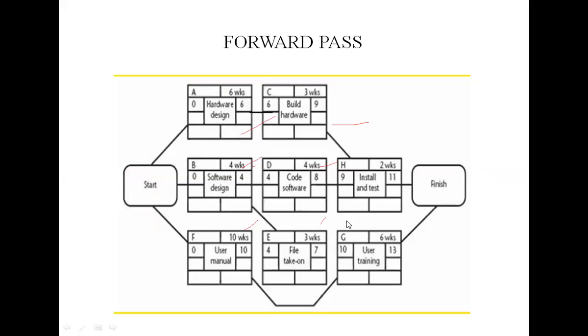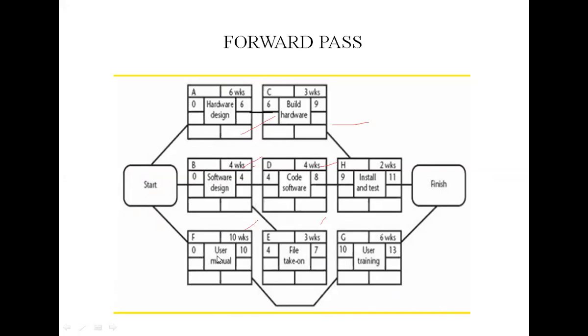By adding those values, we are calculating here. 11 and 13, I already told you. When the actual date is known, calculation will be carried out using the actual dates. We can use day or week as shown in this figure. The forward pass and the calculation of earliest start dates are carried out accordingly.